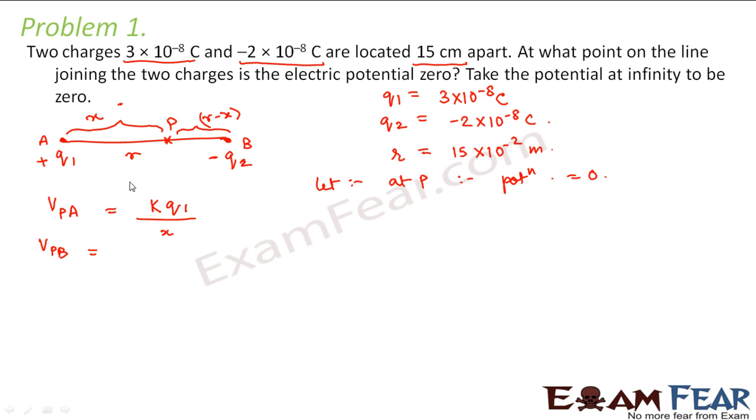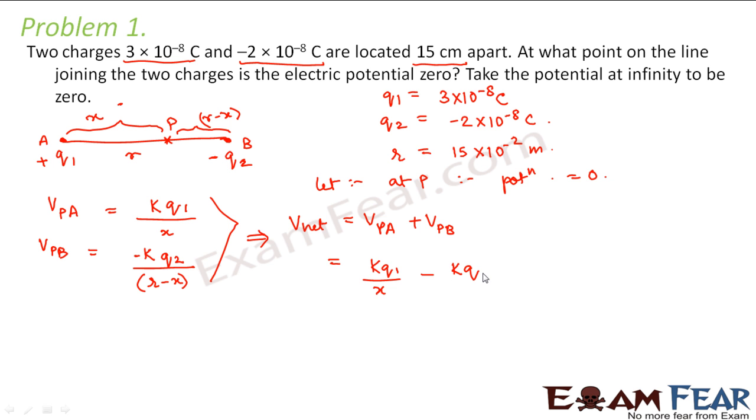Similarly, the potential at P due to B will be K into minus Q2 divided by the distance, so the distance here is R minus x. Therefore, what would be the net potential? V net will be equal to VPA plus VPB, that is equal to KQ1 by x minus KQ2 divided by R minus x.